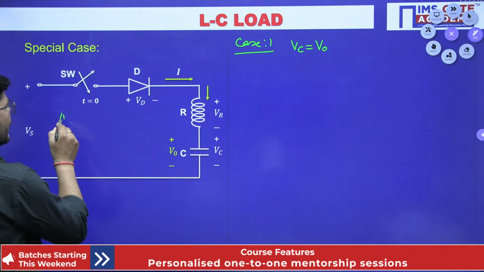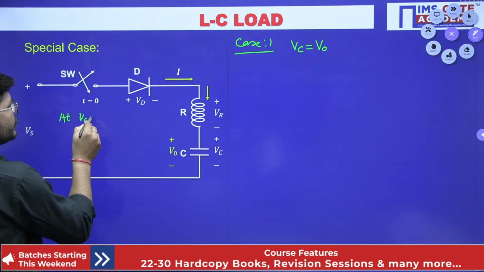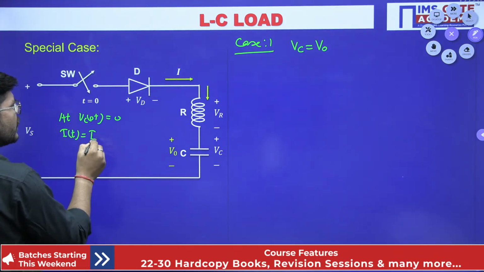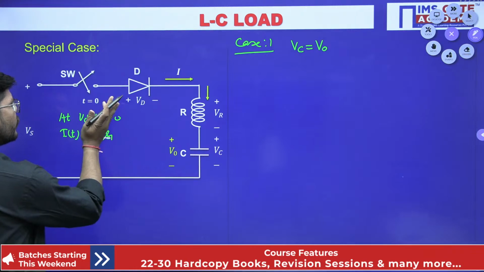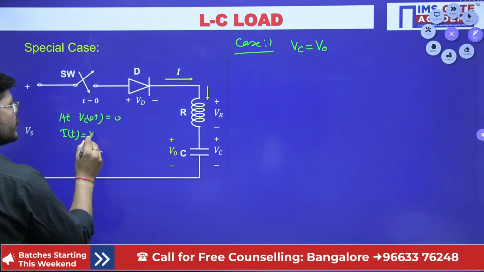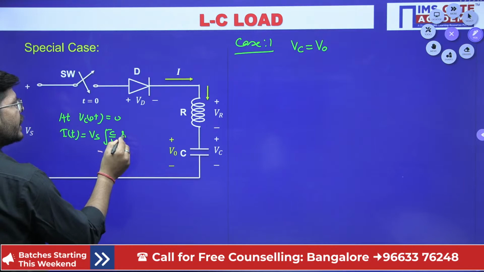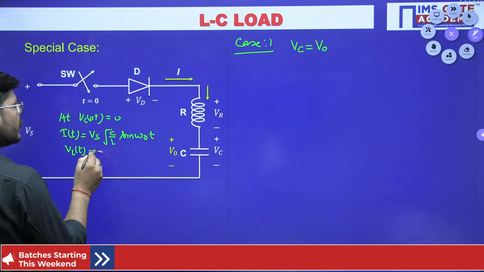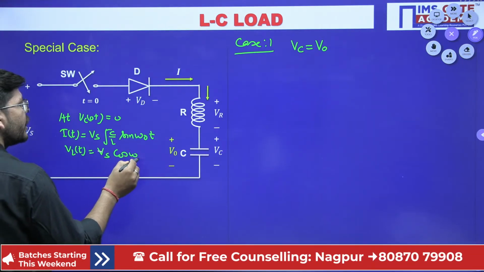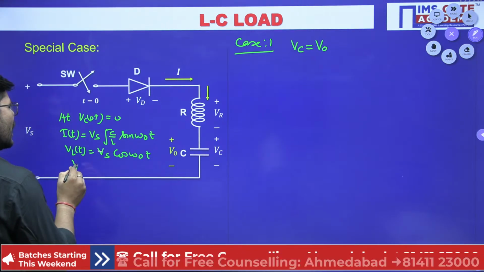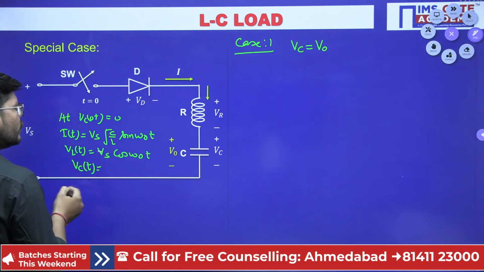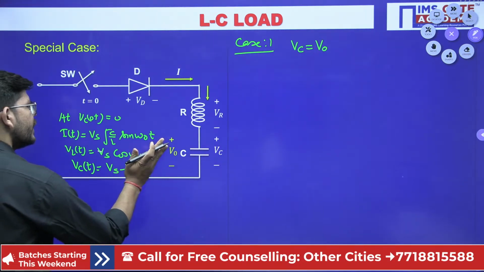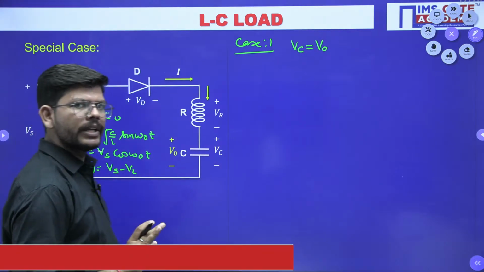The current expression is Vs under root C by L sin omega naught t. What is the voltage across the inductor? Vs cos omega naught t, isn't it? And the capacitor voltage, I don't mind that voltage, because anytime you can calculate it by Vs minus Vl.